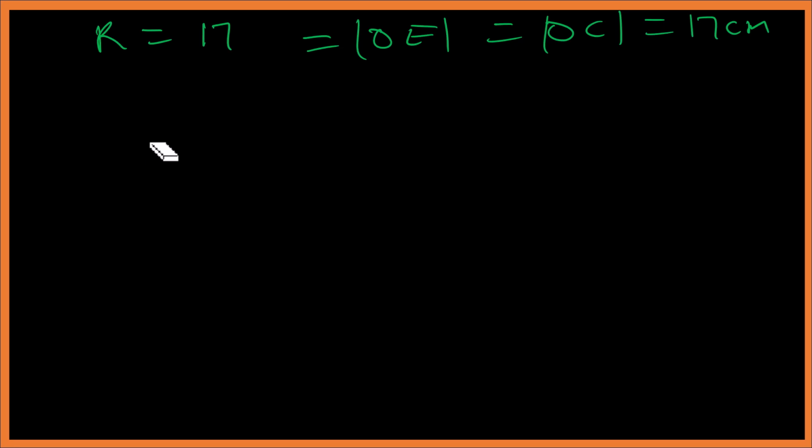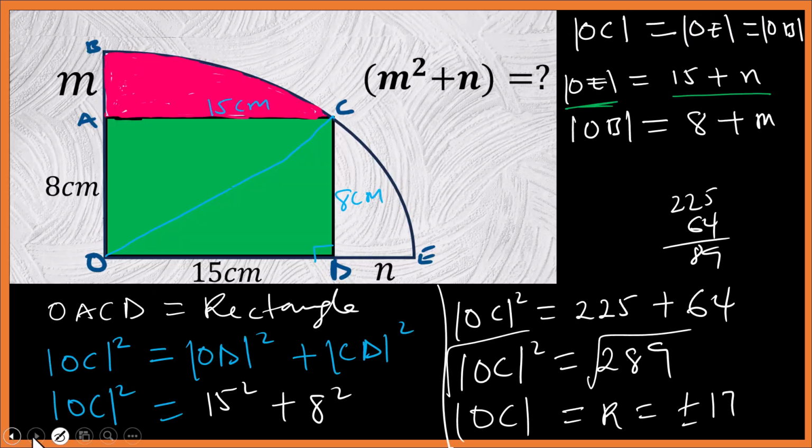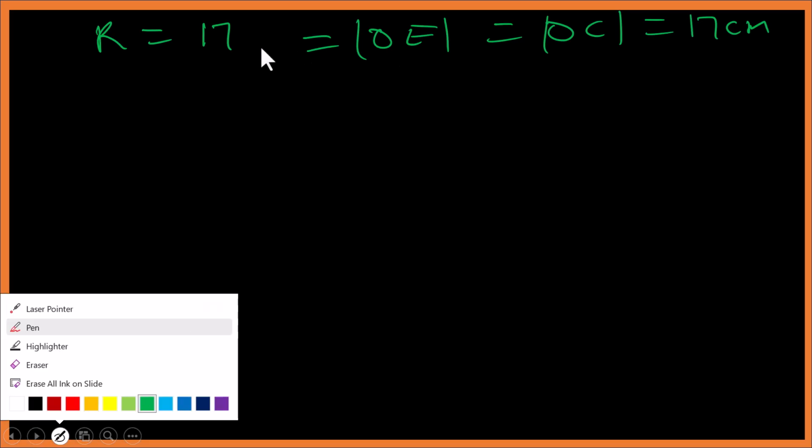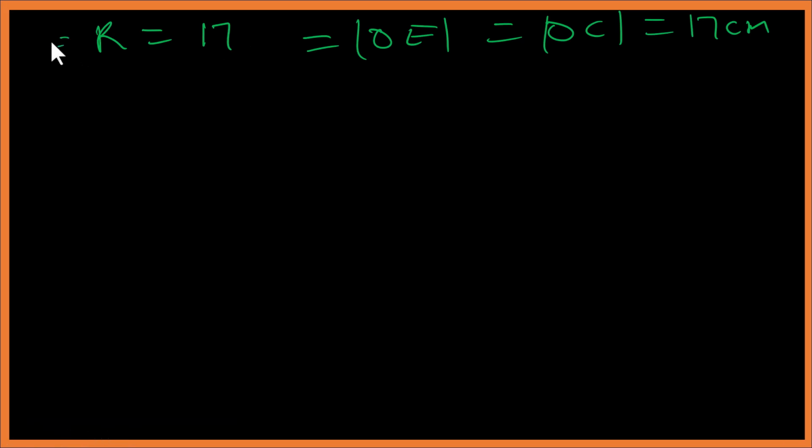So OE is the same as OC, which is 17 centimeters, and it's the same as the radius. So we can equate this one to 17, and it's the same as OB. They are all radii. So the question is solved.